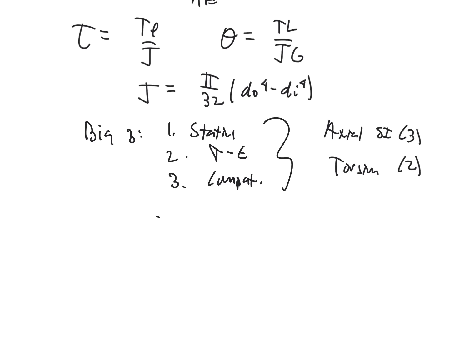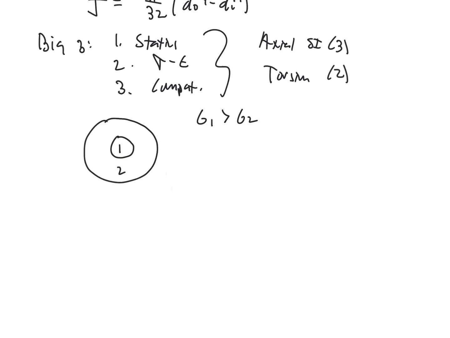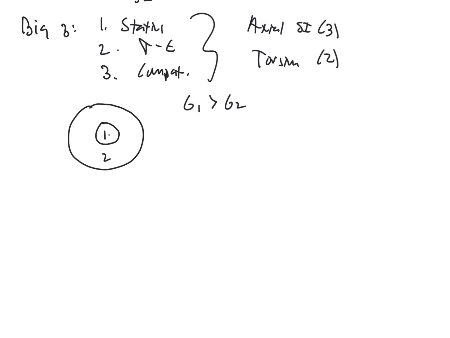If I have a section that is a composite, and it looks like this, this is material 1, this is material 2, and let's say that G1 is greater than G2. So if I go from the center to the outermost point, what is the stress distribution?